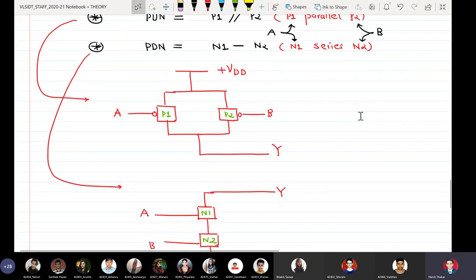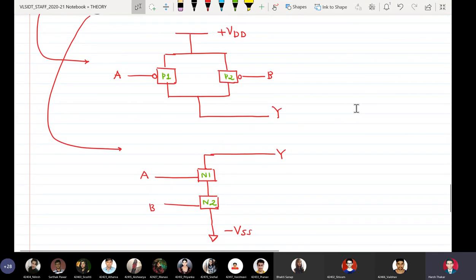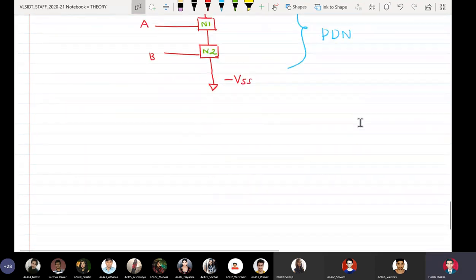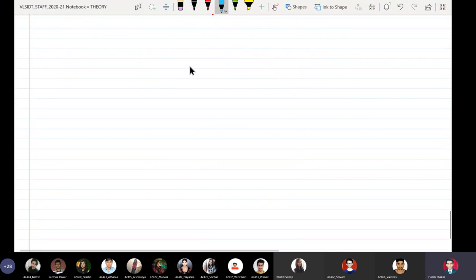So I have to combine the pull-up and pull-down networks in order to realize the entire CMOS implementation. This is my pull-up network and this is my pull-down network, and my CMOS implementation is a combination of both of them. So I will rewrite here.